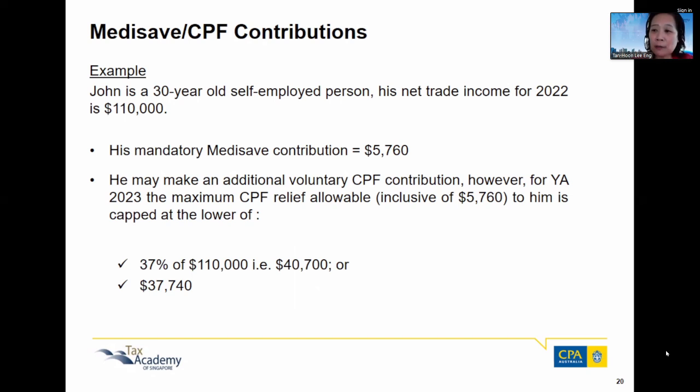So 37,740 less 5,760 will be 31,980. Then we look at 37% of 110,000, which is 40,700, compared with 31,980. 31,980 is lower, so he can contribute up to 31,980 for his voluntary CPF contribution.